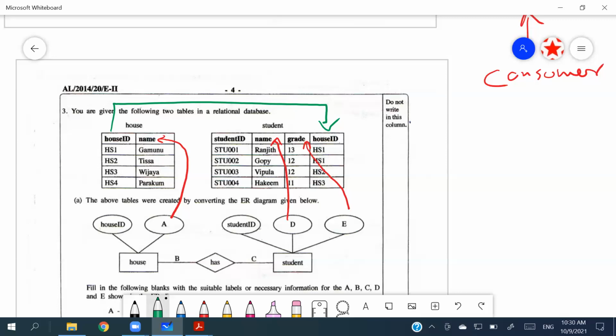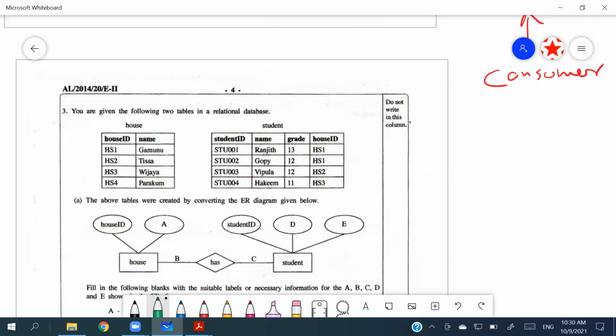So you have to figure out whether it is 1-to-1 or 1-to-many. For that, you can use the details in the table. So how are we going to use the details? First you are going to think about the house table. House table: HS1 Gamunu, HS2 Tissa, HS3 Vijaya, HS4 Parakum. So 4 different entities, 4 different values.